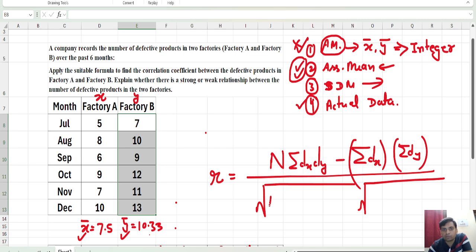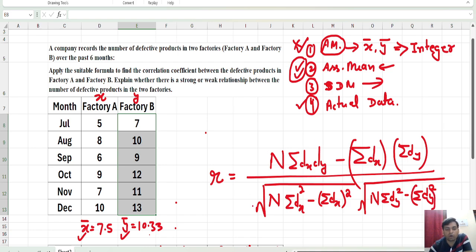In the first square root, n summation dx square minus summation dx whole square, and in the second square root, n summation dy square minus summation dy whole square.